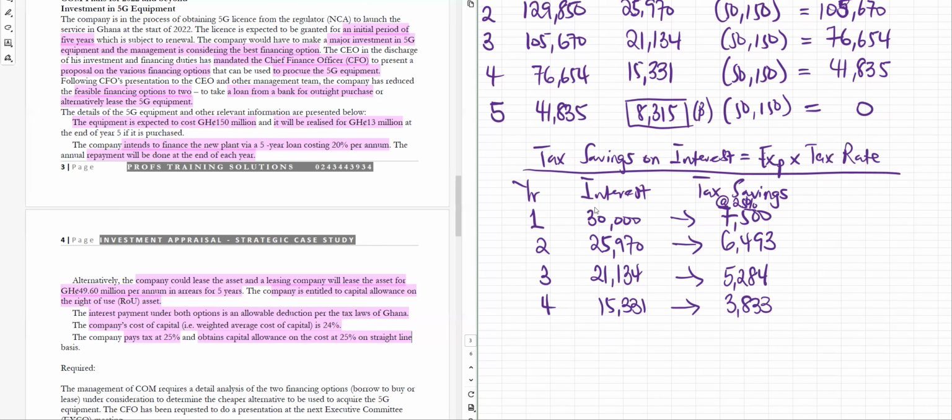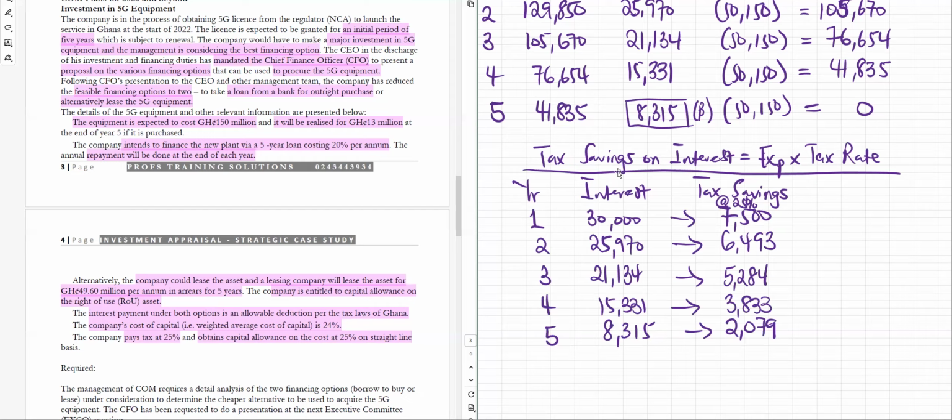Then we go forward to the last year where our interest was 8,315. We save tax at 25% again, and that gives us 2,079. So these are the tax savings on interest.